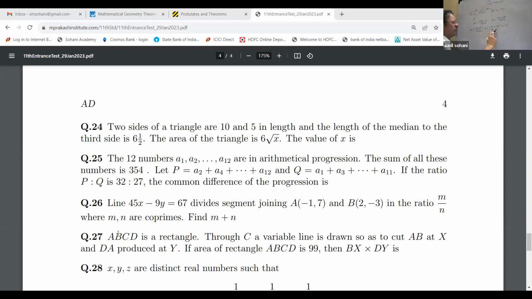I can transfer this m plus n on the right hand side. 67 times m plus n. So I can also write this as 67m plus 67n. And also I'll expand the bracket. 45 into this is 90m minus 45n plus 27m minus 63n.